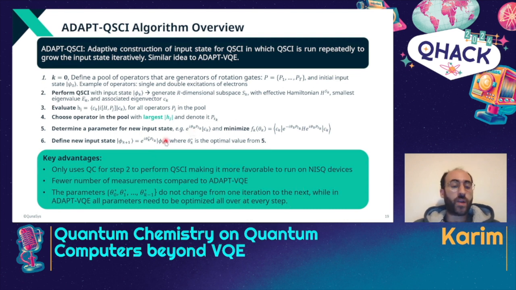So if I find my theta star_0, then when I move to step k equal 1, that value of theta star_0 remains the same, and I just need to optimize to find theta_1, the optimized value of theta_1. Whereas in ADAPT-VQE, at each step, you have to re-optimize all the parameters, which makes it much more resource intensive and time consuming as well.